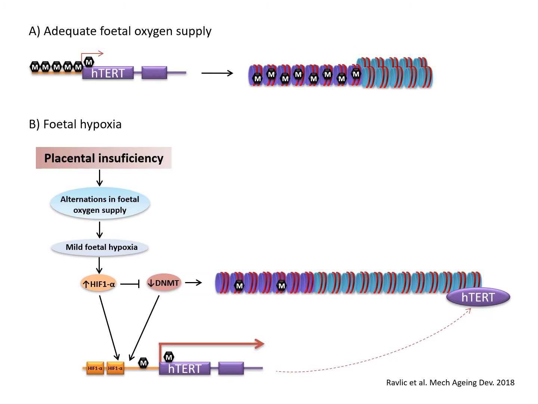So in short, we believe that in the normal conditions, when we have adequate fetal oxygen supply, we have telomerase regulatory region methylated, and the normal activity of telomerase in all cells in fetal tissues.